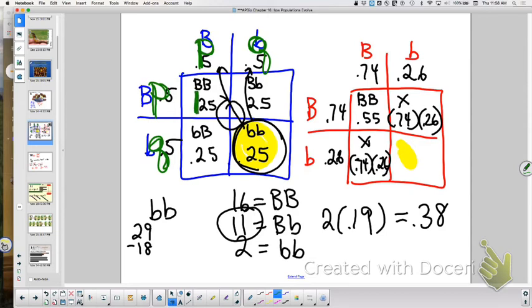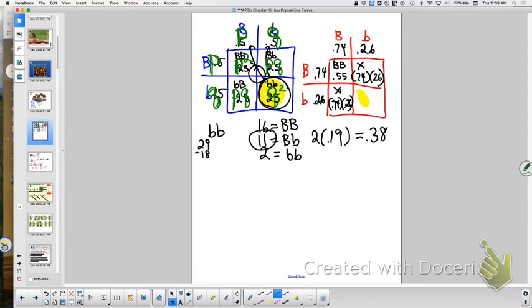I could say P squared. This box is P what? Q. This box is PQ. And this box is Q squared. So would you agree with me that I could write P squared plus 2PQ plus Q squared equals 1?